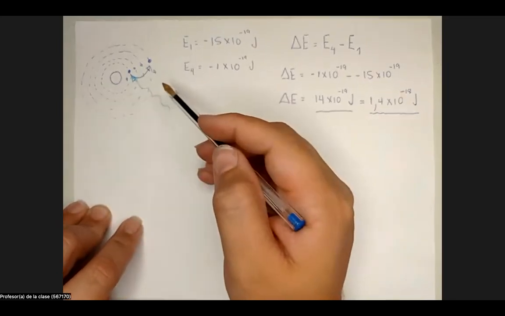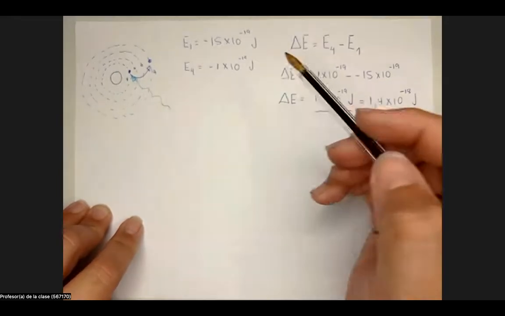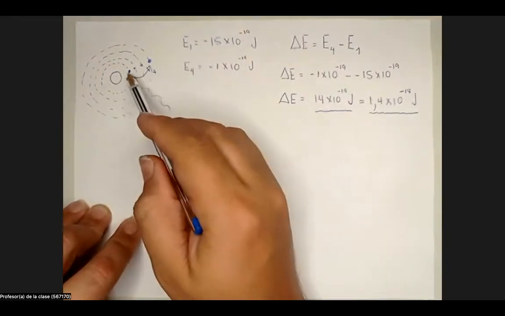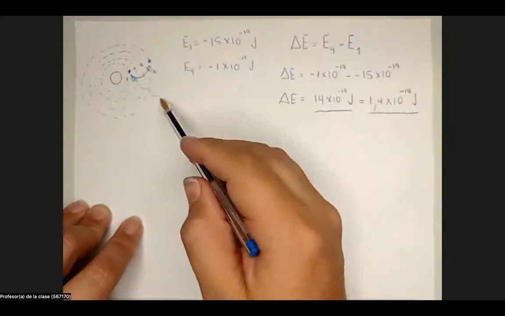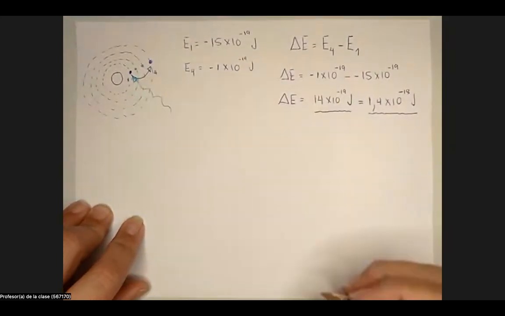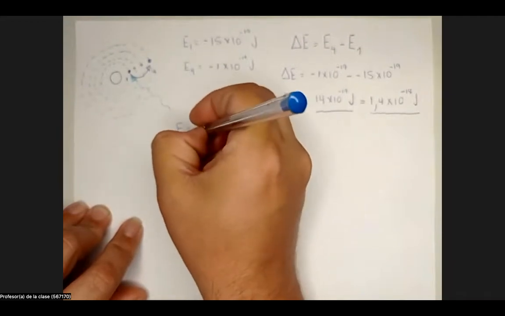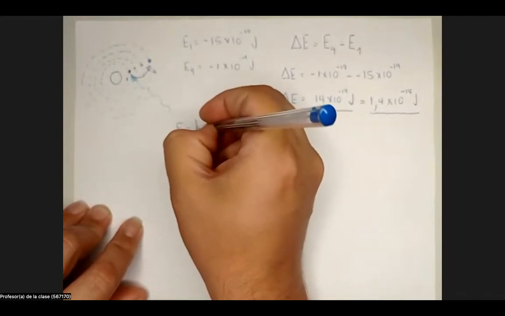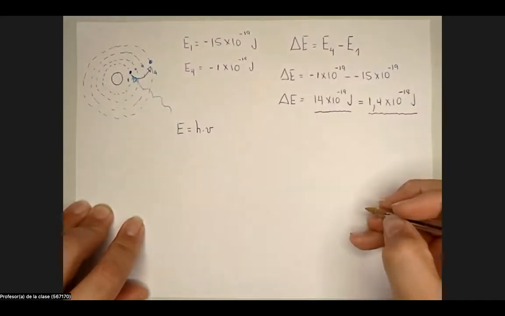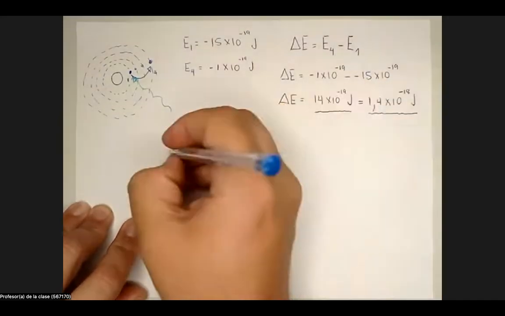Who will give it the energy necessary to do this jump? Yeah, the photon. Okay, so the energy of a photon will be the Planck's constant times the frequency of the photon. Oh yeah, of course.